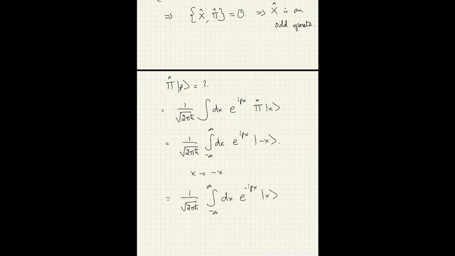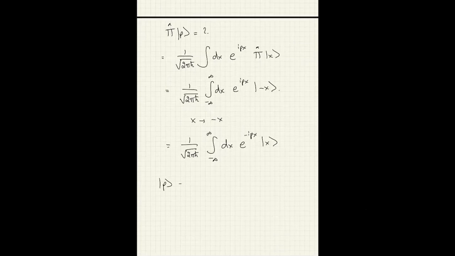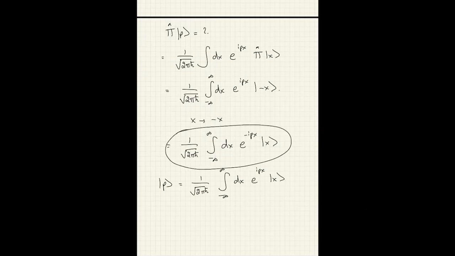Okay, notice that if p is 1 over square root of 2 pi h bar integral dx e to the ipx x, then if I have e to the minus ipx, obviously this whole state should be minus p, right?